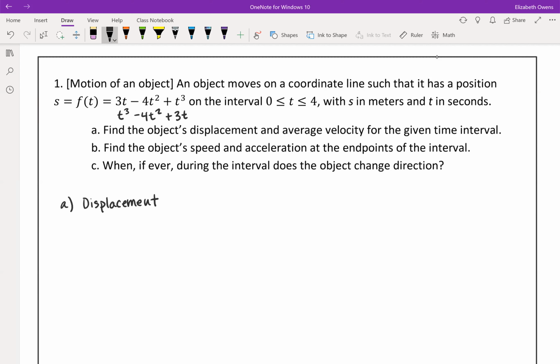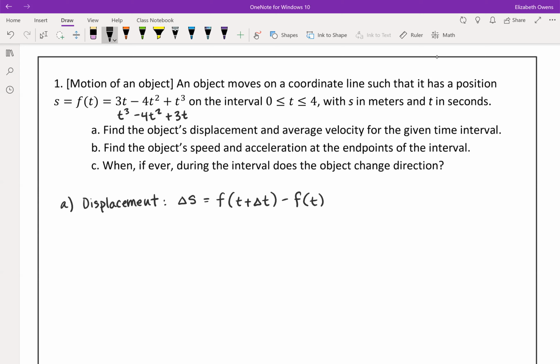And all the definitions are earlier on in this packet here. Our definition for displacement was that we had delta S, because displacement really, remember, is a change in the position of the object. And so that was going to be f of t plus delta t minus f of t in terms of our earlier definition.